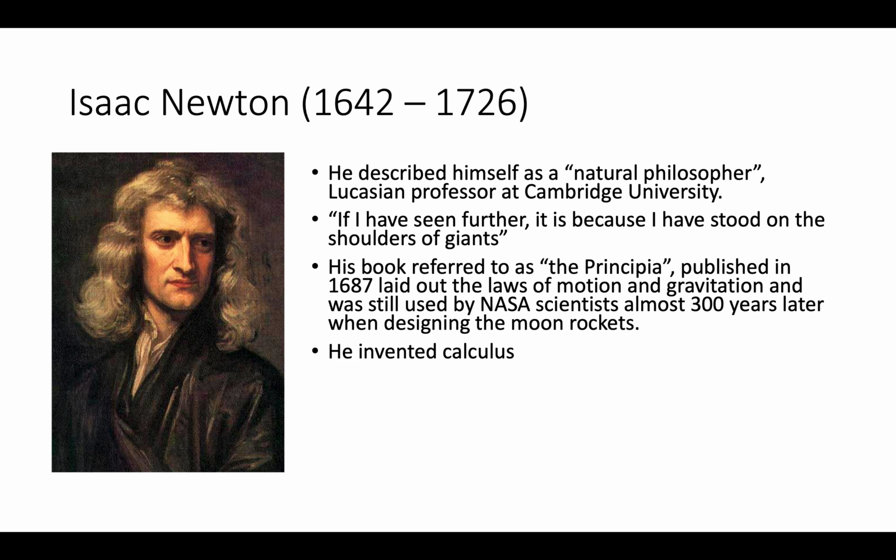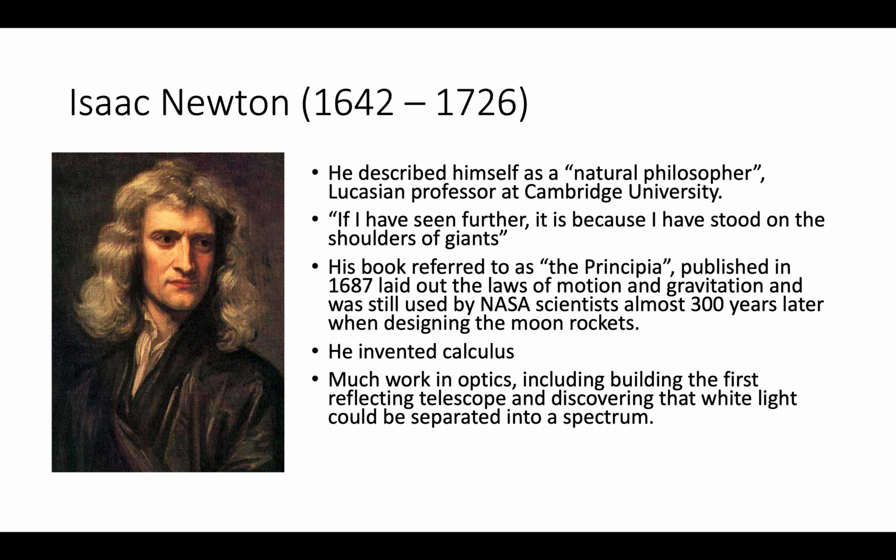If you're doing A-level maths, you've got Isaac Newton to blame for calculus, and what we're interested in here, he did a lot of work in optics. So he made the first reflecting telescope and separated white light into a spectrum, and did all sorts of other work in optics as well.